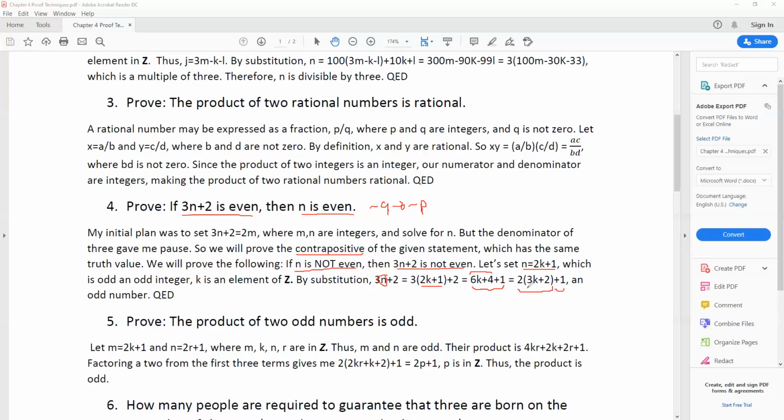Now that I have written 3n plus 2 as 2 times an integer plus 1, then I know that 3n plus 2 is odd. I have shown that not q implies not p, which means p does imply q. Therefore, this statement in number 4 is valid, or true.